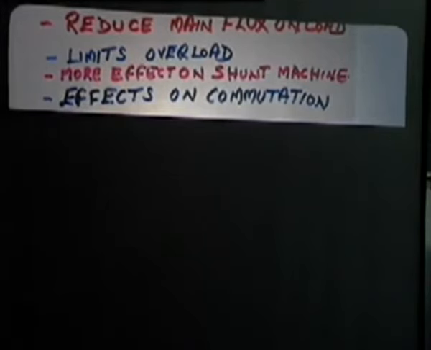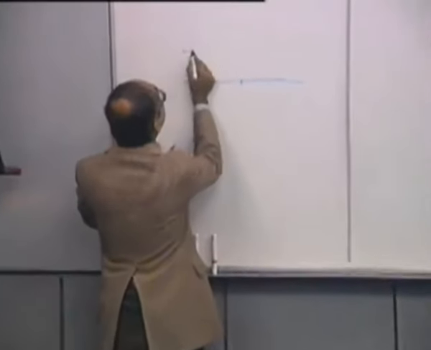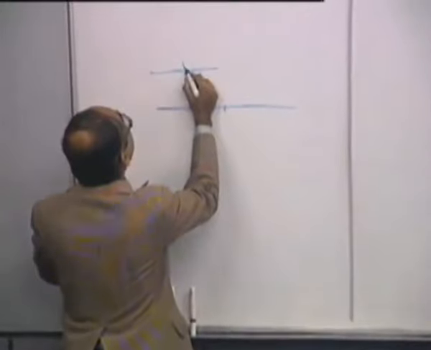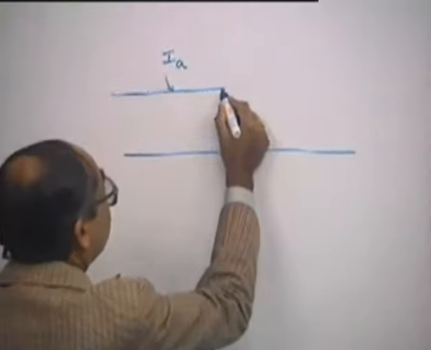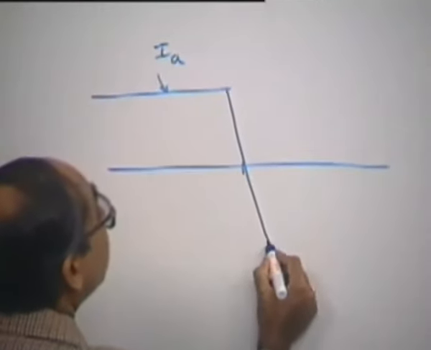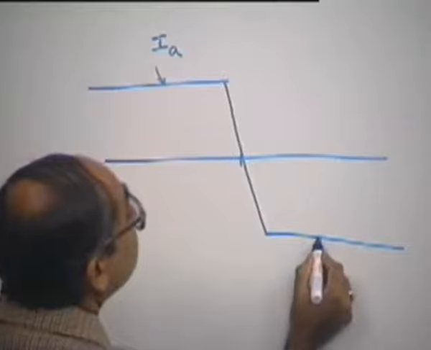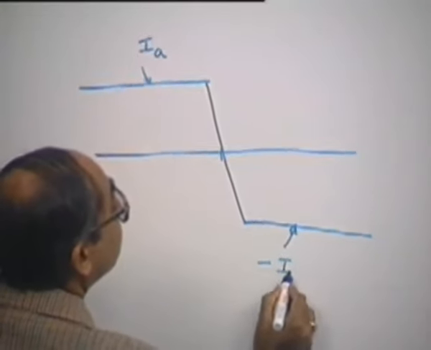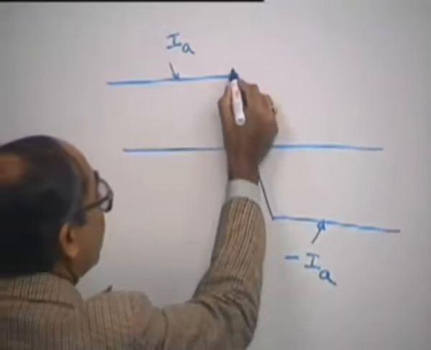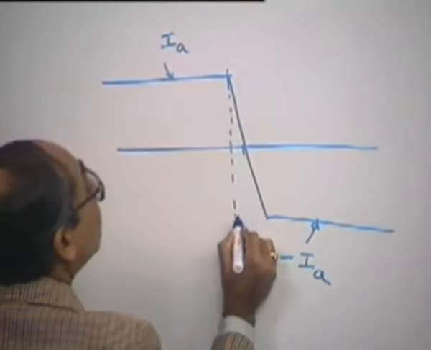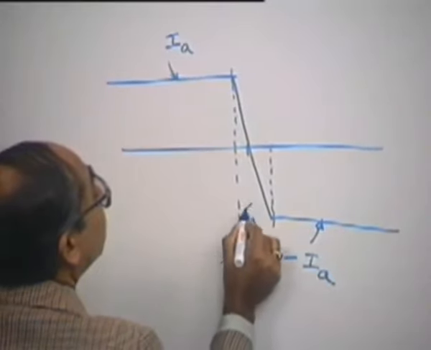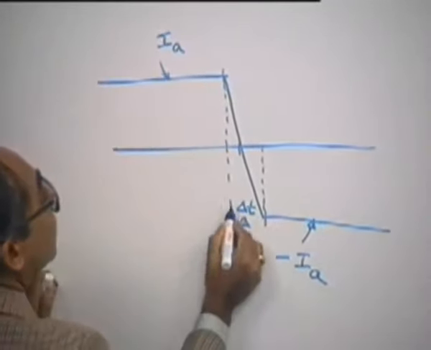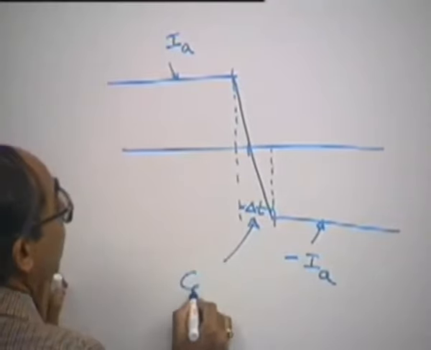So you will notice that before, in one direction it is carrying a current IA, and this will change to minus IA under commutation. So this is your commutation period. Let us say delta T is the commutation period.